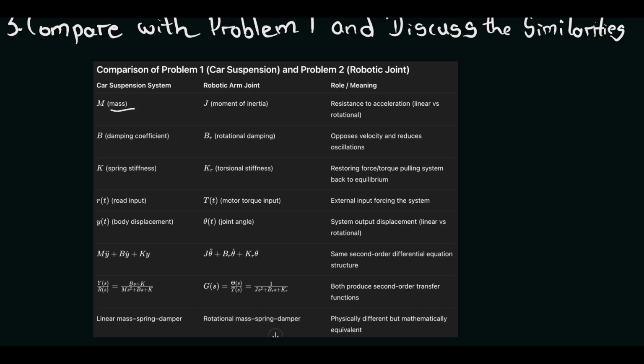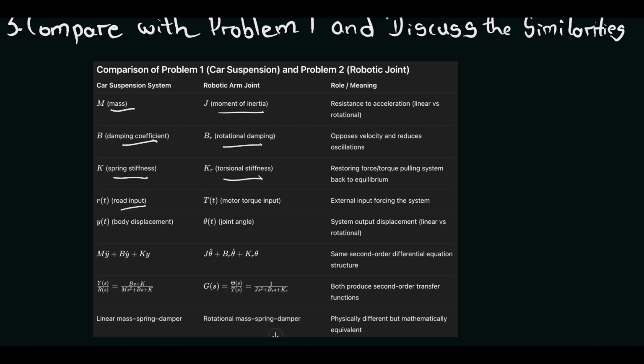The mass is moment of inertia, resisting acceleration. The damping coefficient for car suspension is rotational damping for robotic arm. It opposes the velocity and reduces oscillation. Your spring stiffness for car suspension is torsional stiffness for robotic arm joints. So it's a restoring force or torque pulling the system back to equilibrium.